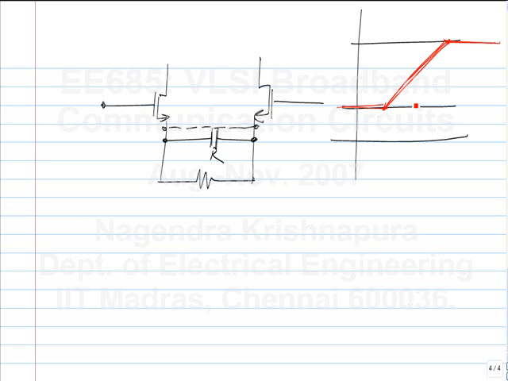No. Okay, firstly, in this case, the ground can be the line of symmetry, right? This is a differential circuit. You don't see a path to ground, but this is a differential version of this circuit.